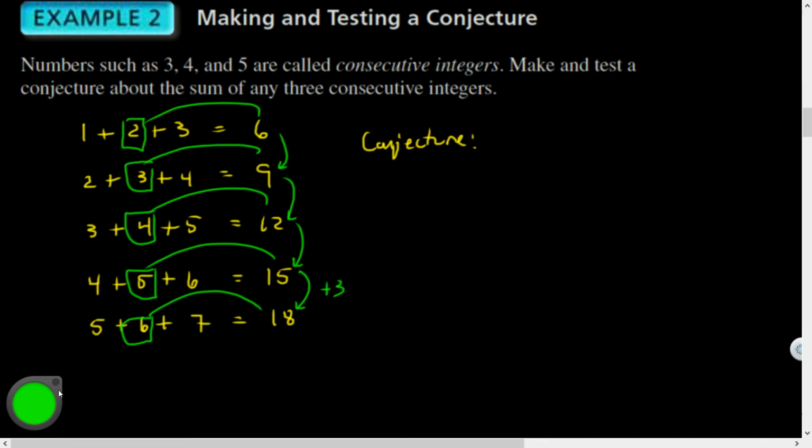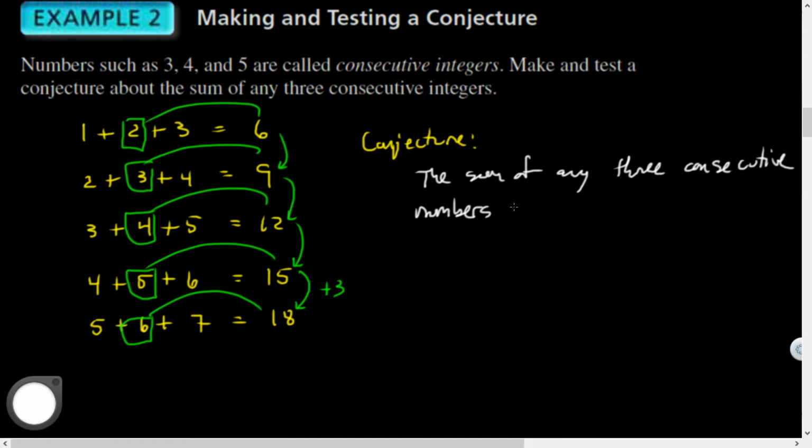Okay. So our conjecture statement would be that the sum of any 3 consecutive numbers is what?